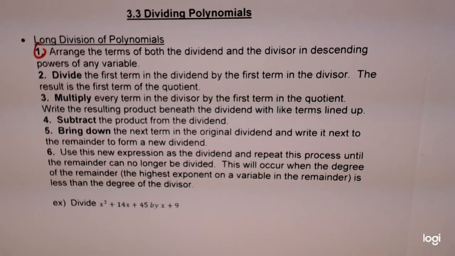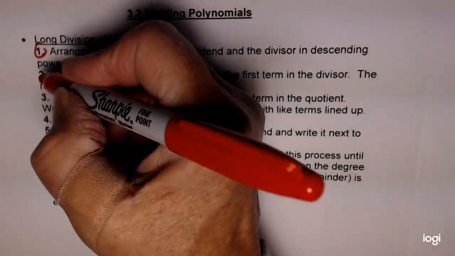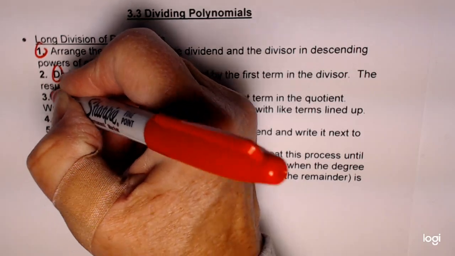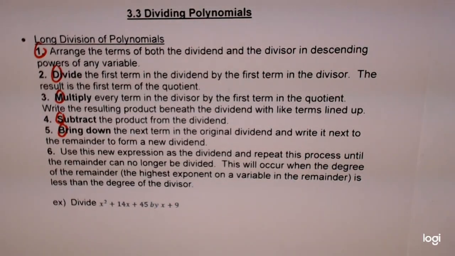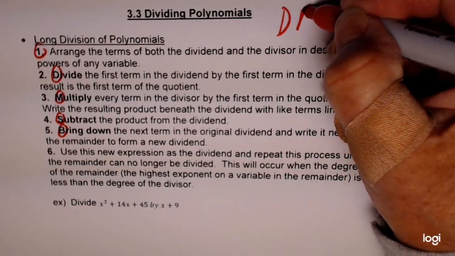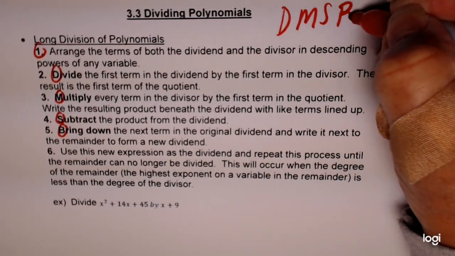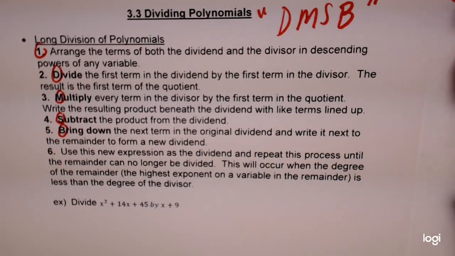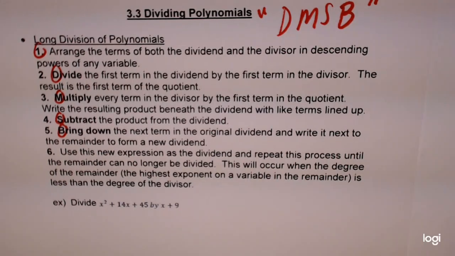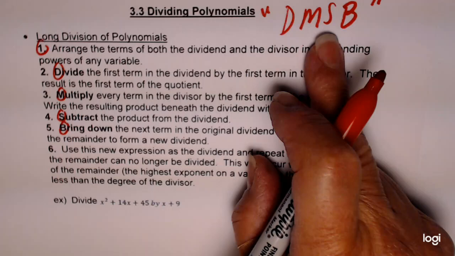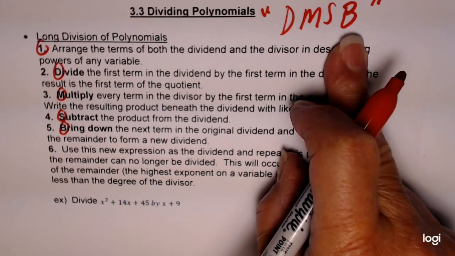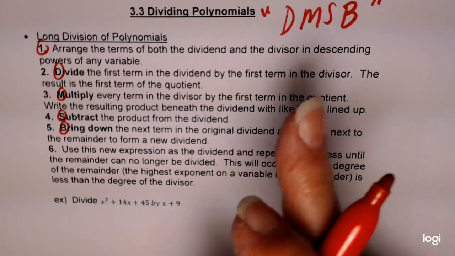So make sure your exponents start with the biggest and go down. Next, we're going to do a division, then a multiplication, a subtraction, and then bring down. D, M, S, B. One way to remember this: dumb monkeys suck bananas. They don't eat them, they just suck on them. So D, M, S, B. And then we're going to repeat.